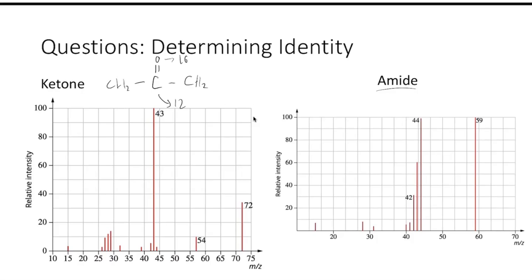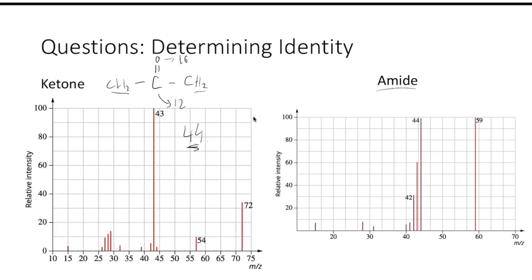Then we'll do 72 minus 28, which equals 44. So the rest of the hydrocarbon must have a molar mass of 44, because that's what's left over.